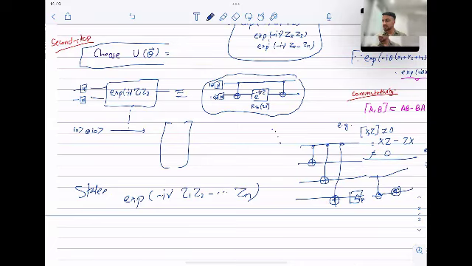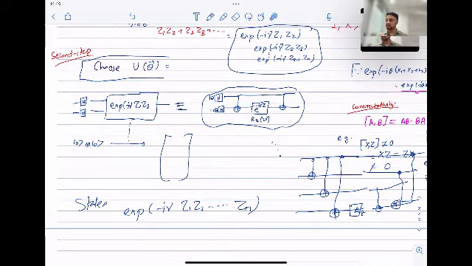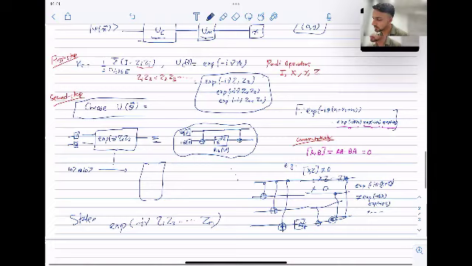This is circuit identities. I will not give you a proof for this, but you can keep it in the back of your mind. All you need to know is synthesizing an exponentiation of some Pauli with some parameter can be done on a quantum circuit level. And once this is prepared, we have this U of theta.